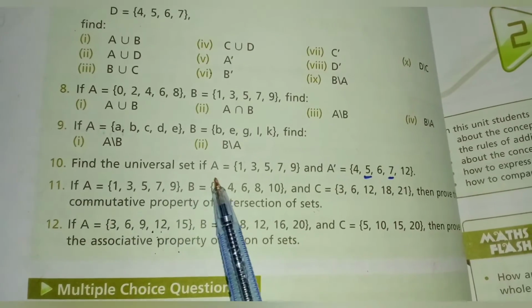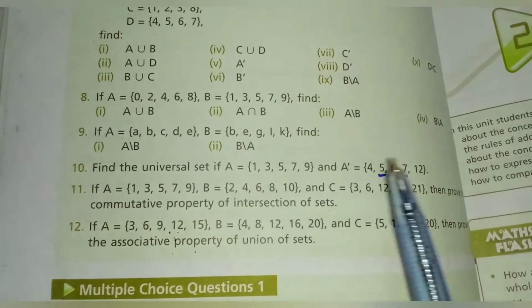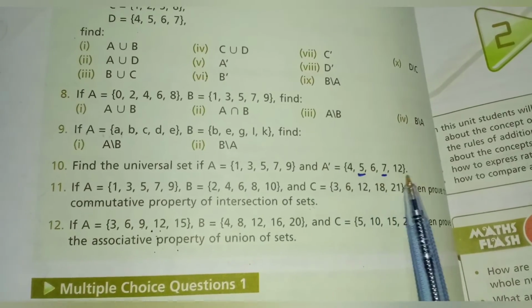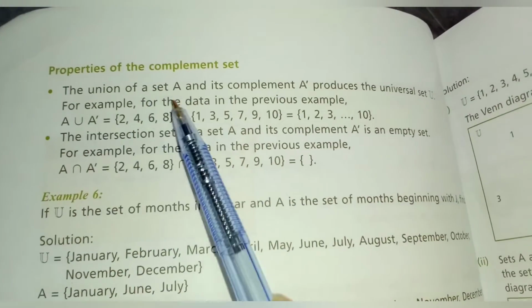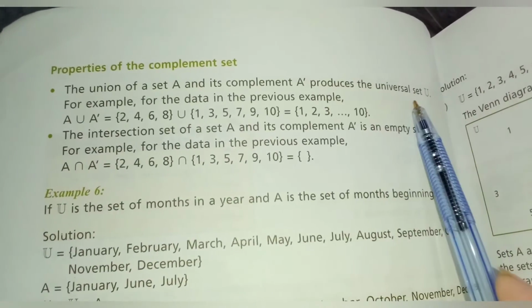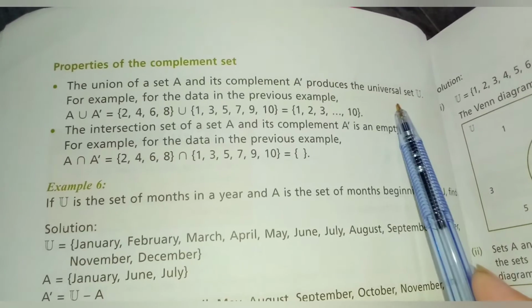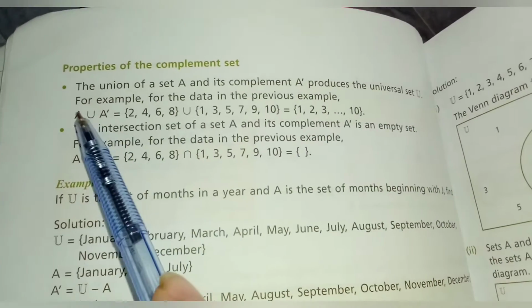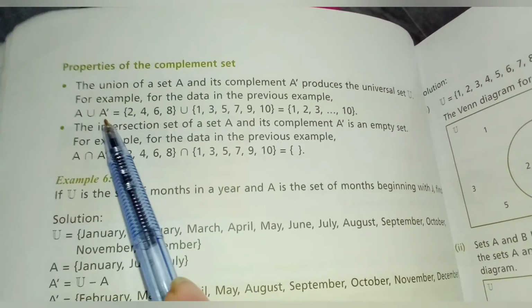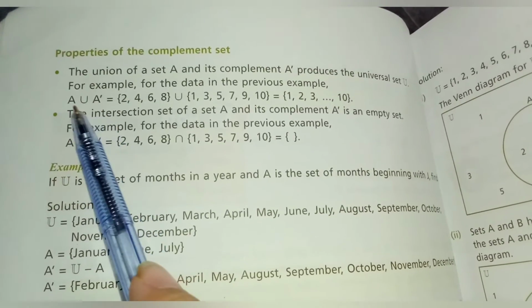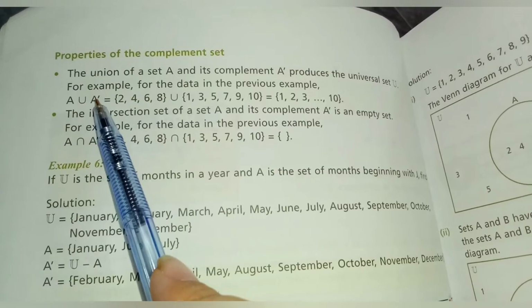Find the universal set if A is equal to 1, 3, 5, 7, 9 and its complement is 4, 5, 6, 7, 12. As we studied in the previous lecture, the union of a set and its complement produces the universal set. So to find the universal set, we have to find A union A complement.